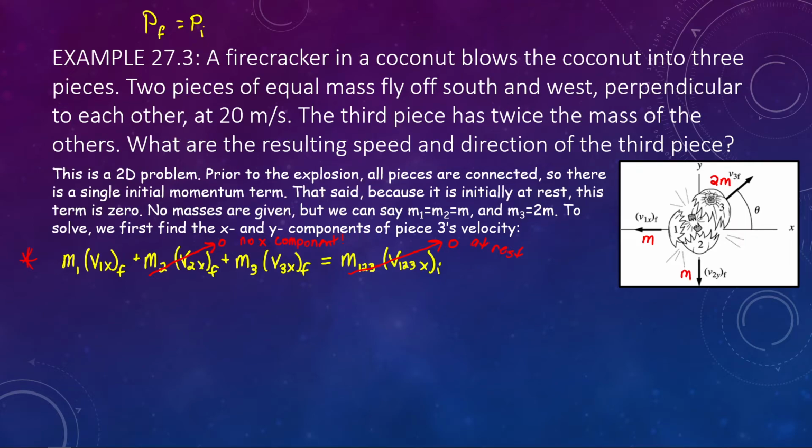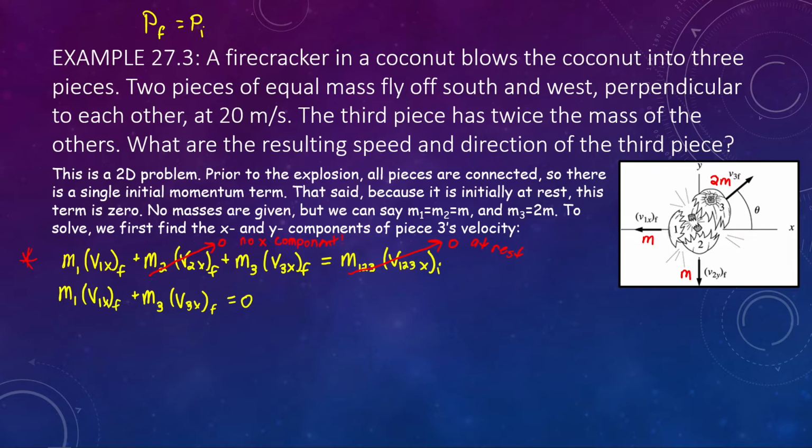That means we have very little left in this equation. I will rewrite it here. So we have mass 1, velocity 1x final. The middle term's gone, plus mass 3, velocity 3x final is equal to 0 because the right-hand side is gone.